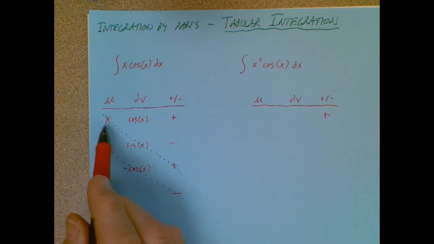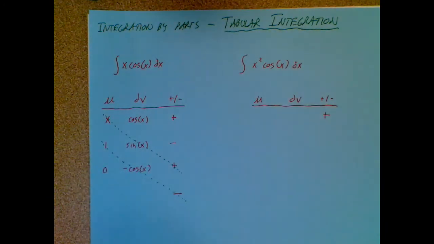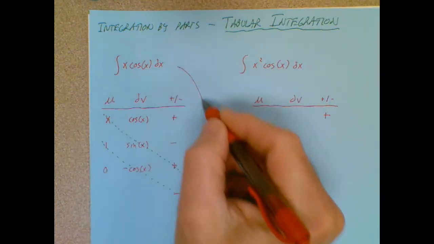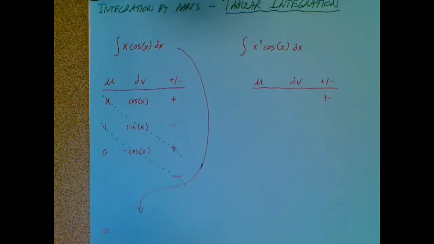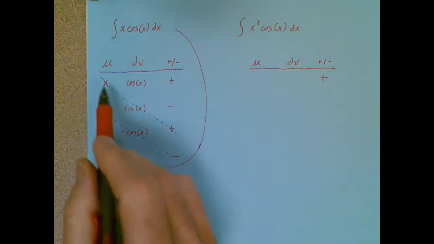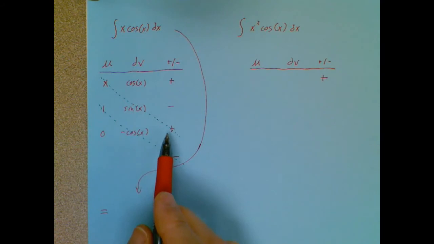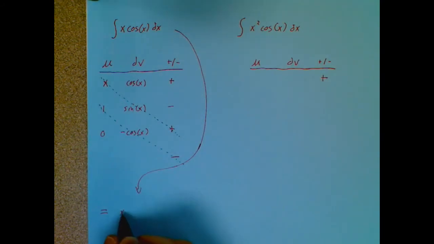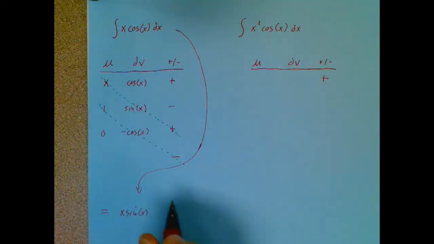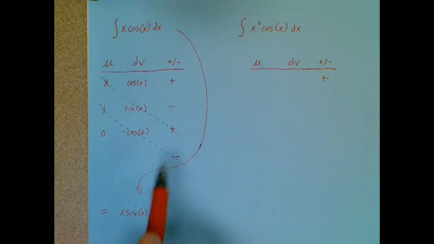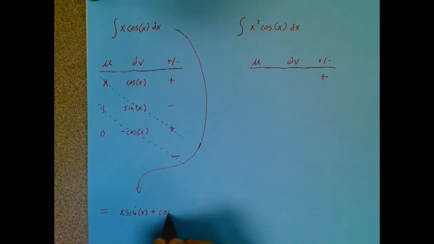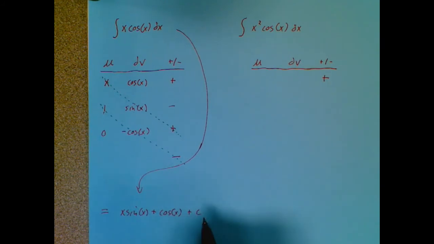All right, so I was able to complete two full diagonals, and when I do that, what I'm really saying is this integral could have been found by this magic thing. I simply take this term, x times sine of x times a positive, which is x sine x, then 1 times negative cosine of x times a negative 1 is positive cosine x plus c.